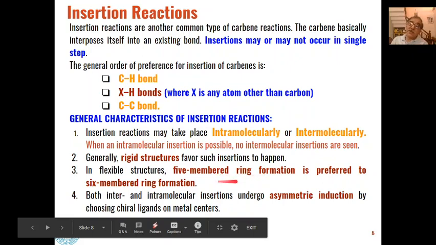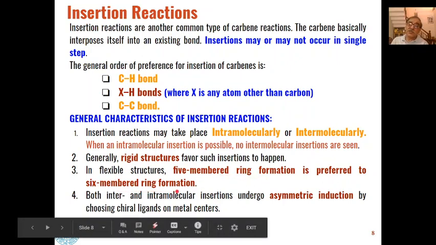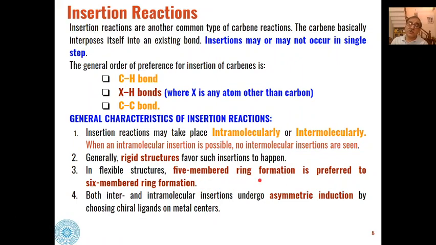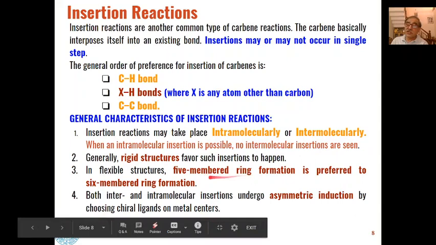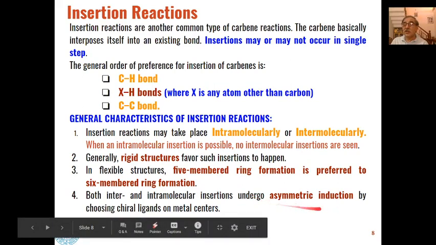So 5-membered rings formed are more stable as compared to 6-membered rings, because the transition state which is formed during the insertion is thermodynamically more stable when 5-membered ring formation takes place. And both inter- and intramolecular insertions undergo asymmetric induction when we use chiral ligands on metal centers.